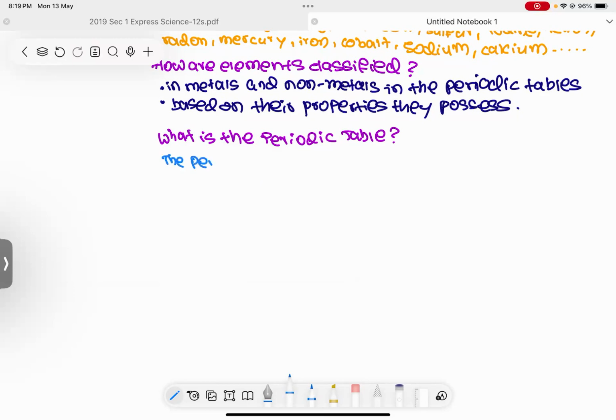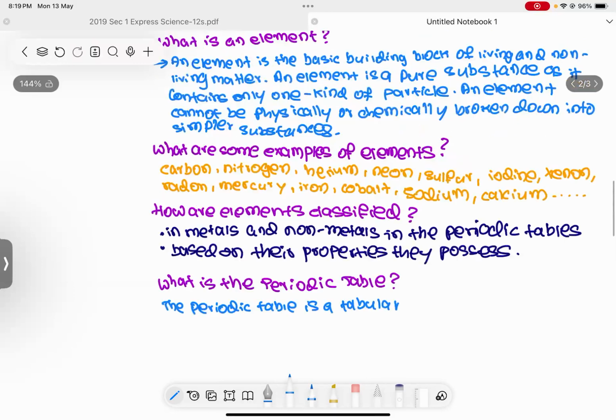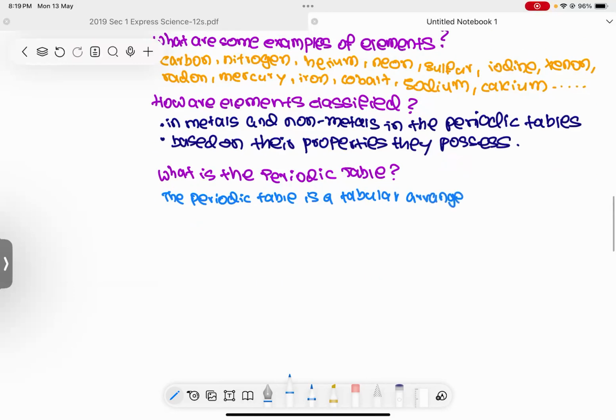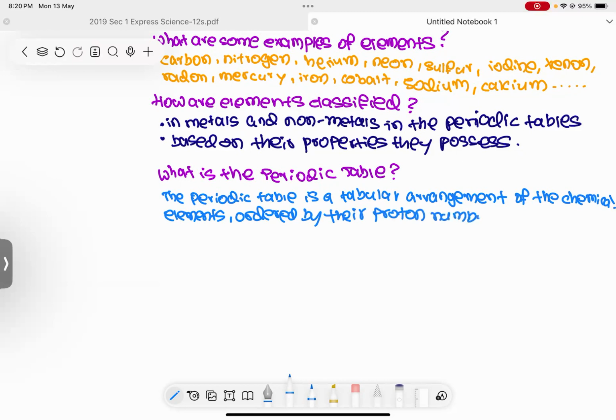The periodic table is a tabular arrangement of the chemical elements ordered by their proton number. When we move more into the topic, friends, we will learn more about what proton number is.